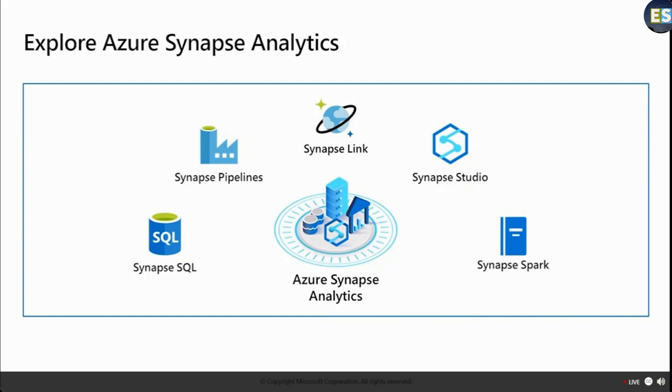Transact SQL, if you remember, is a dialect of SQL that's used by Azure SQL Database as well as Microsoft SQL Server. So you can typically write your data processing logic using TSQL and execute it on a Synapse SQL pool.